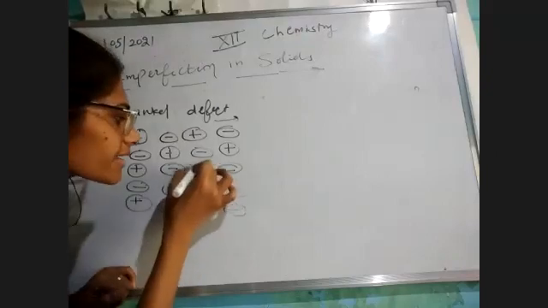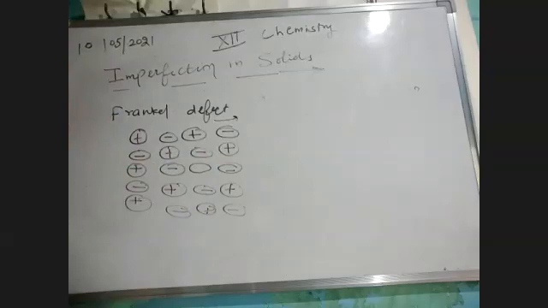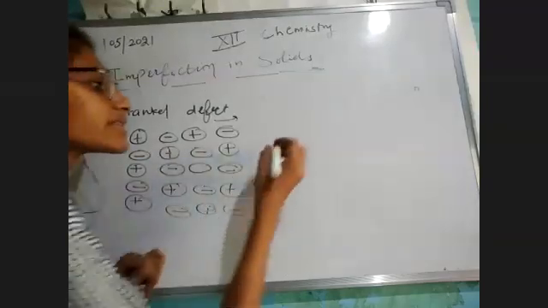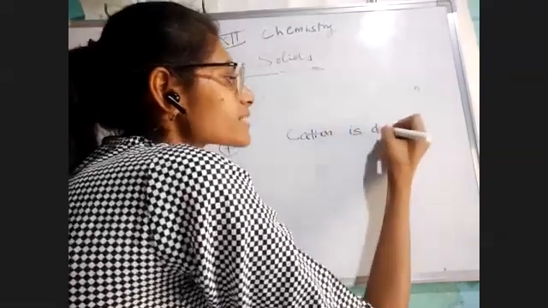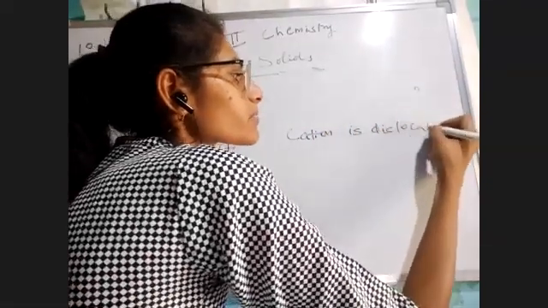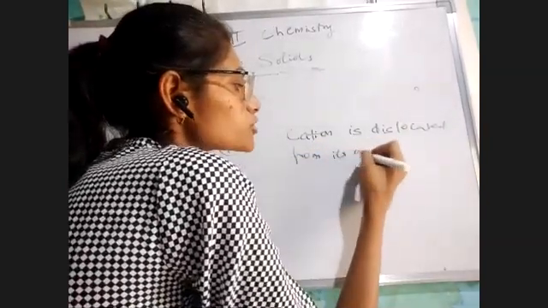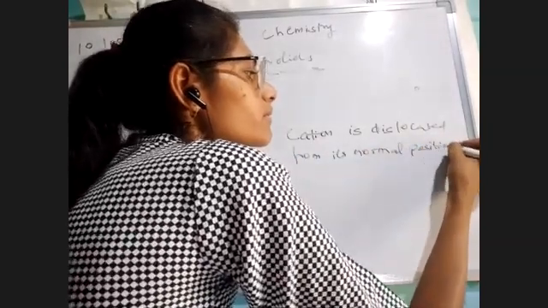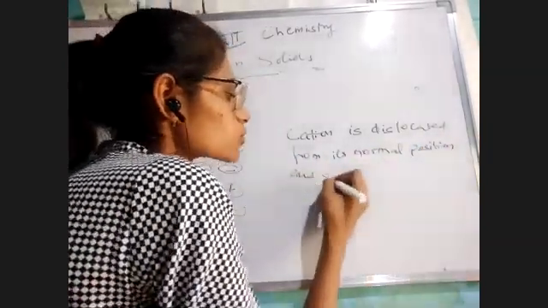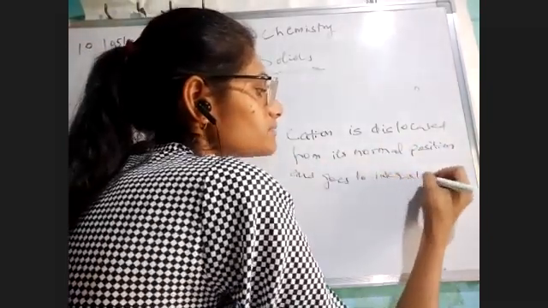Now I am saying that there must be a positive, but the Frenkel defect says that suppose the cation is dislocated from its normal position and goes to an interstitial site.